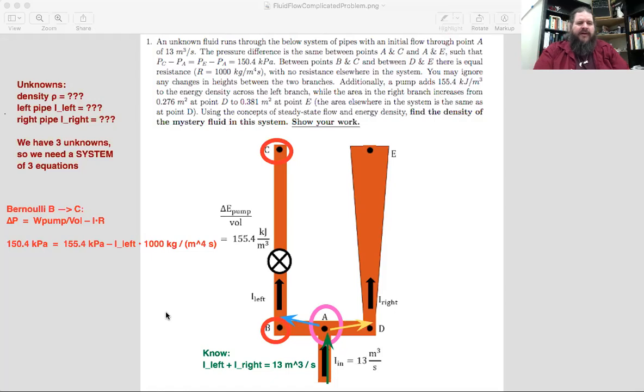So that's our Bernoulli equation that also involves how many unknowns in this case? Only one. Yeah, and if you've got an equation with only one unknown, you can solve that directly. So I think what I would do there is solve that for that left current.